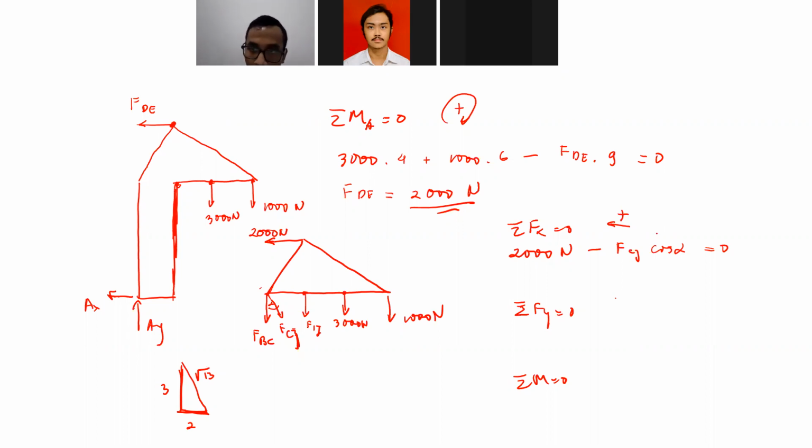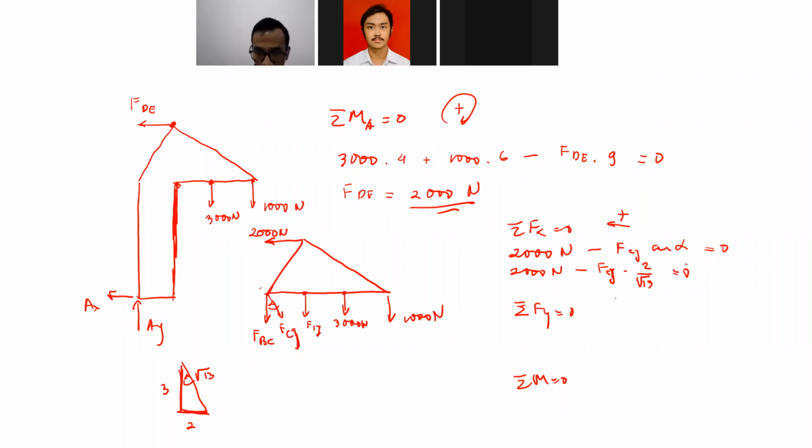If this one is alpha, that one is sin alpha, 2 over square root of 13. So 2,000 Newton minus FCJ multiplied by 2 over square root of 13 equal to 0.